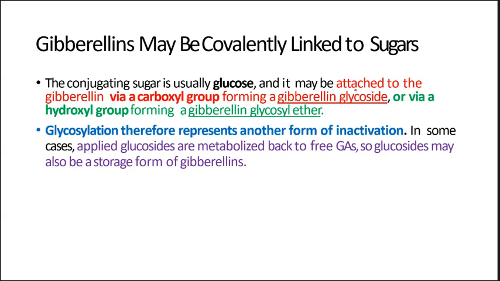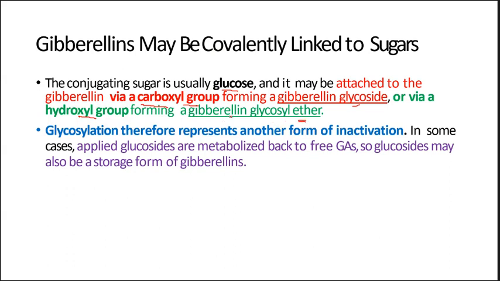When gibberellin is conjugated with a sugar, usually glucose, via a carboxyl group, it forms gibberellin glycoside, or when attached via the hydroxyl group to a sugar, it forms gibberellin glycosyl ether.